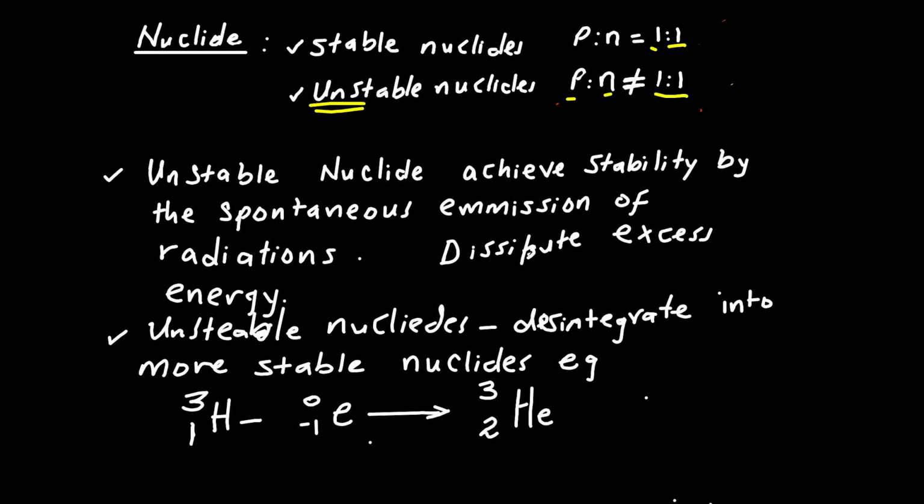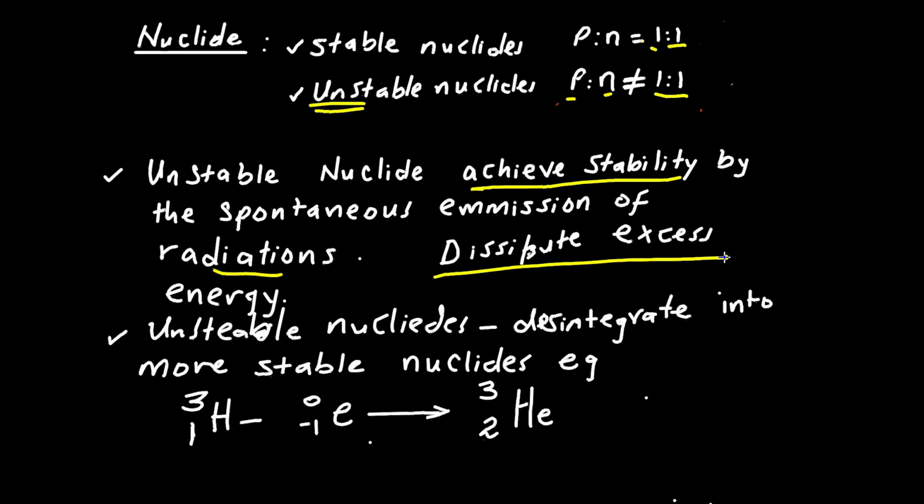Unstable nuclides achieve stability by the spontaneous emission of radiations, and this dispels excess energy. A lot of energy is released. As they achieve stability, the nuclides disintegrate into more stable nuclides.